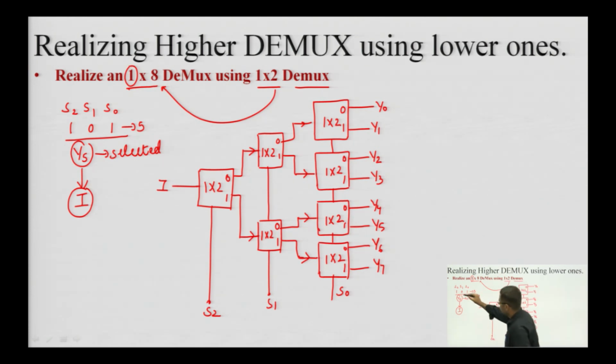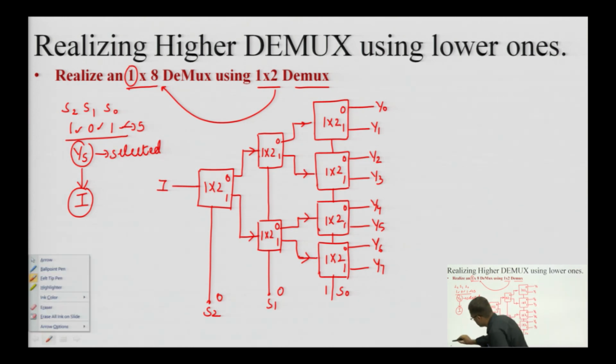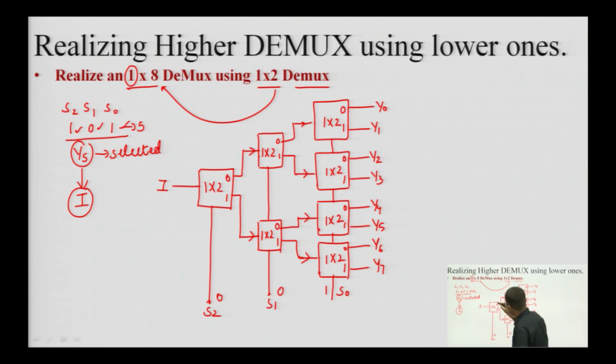For S2 equal to 0, this one will be selected and there will be I here and 0 here, because it is not selected. Similarly, for this 0, this will be selected.